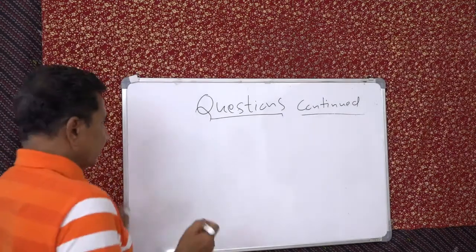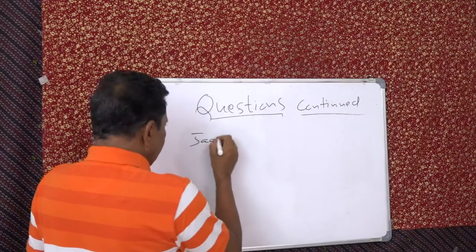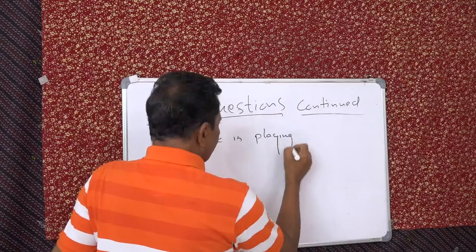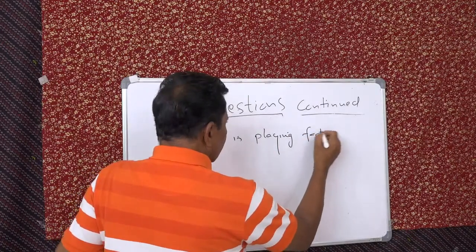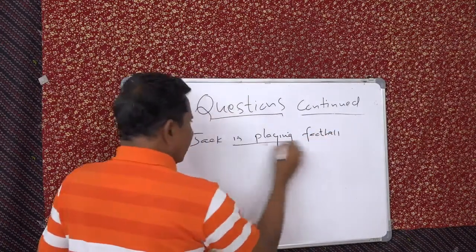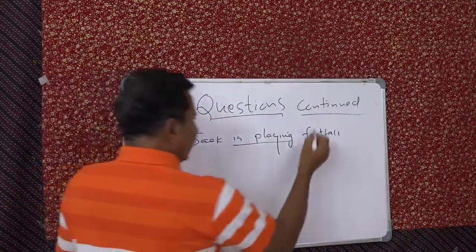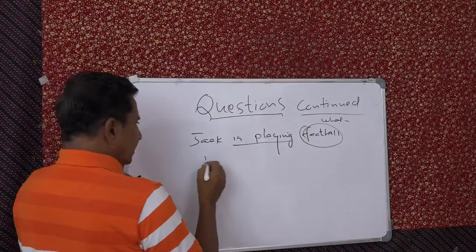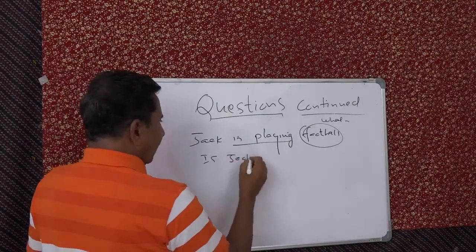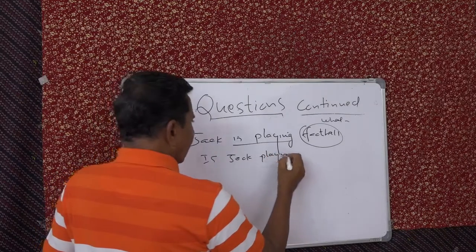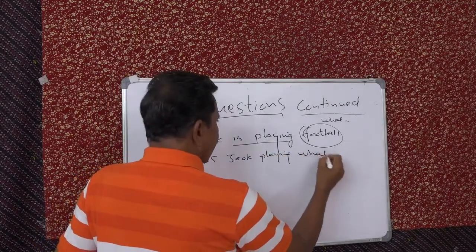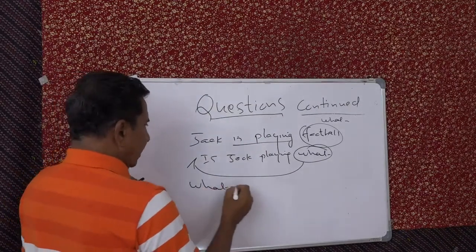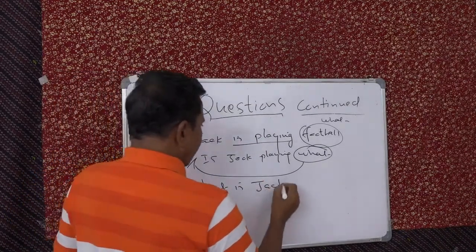Now look at this. Jack is playing football. Now this is very easy because you have got two words already. So what do you do? Here you have got what? And then is Jack playing what? So what is taken and brought here. Then what is Jack playing?